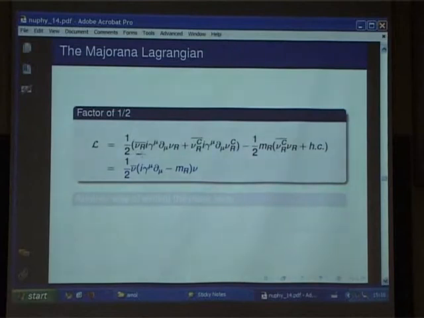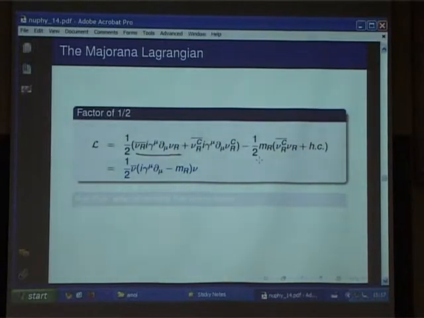You will not have the second term, and you will not have a factor of half. So this is the matching of degrees of freedom. Either you write the Dirac term for a Dirac particle, which is ν bar iγ^μ ∂_μ ν, or you write ν and ν^c separately, but then you need a factor of half.